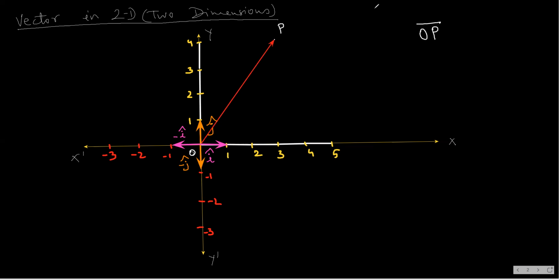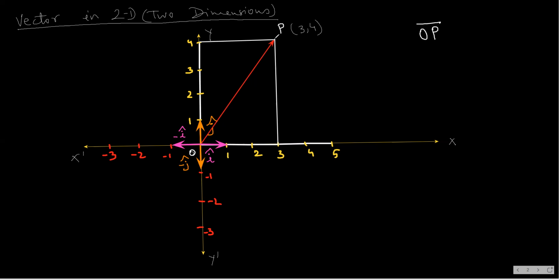Now, what I will do for this is I shall draw the perpendicular from point P on the x-axis, and from point P on the y-axis. Now, when I do this, I get the coordinates of point P. The coordinates of point P are 3, 4.